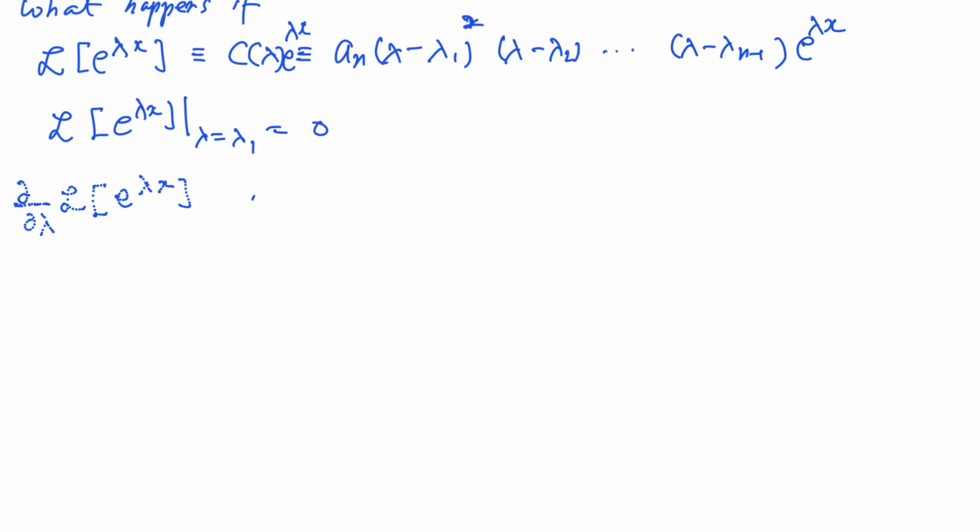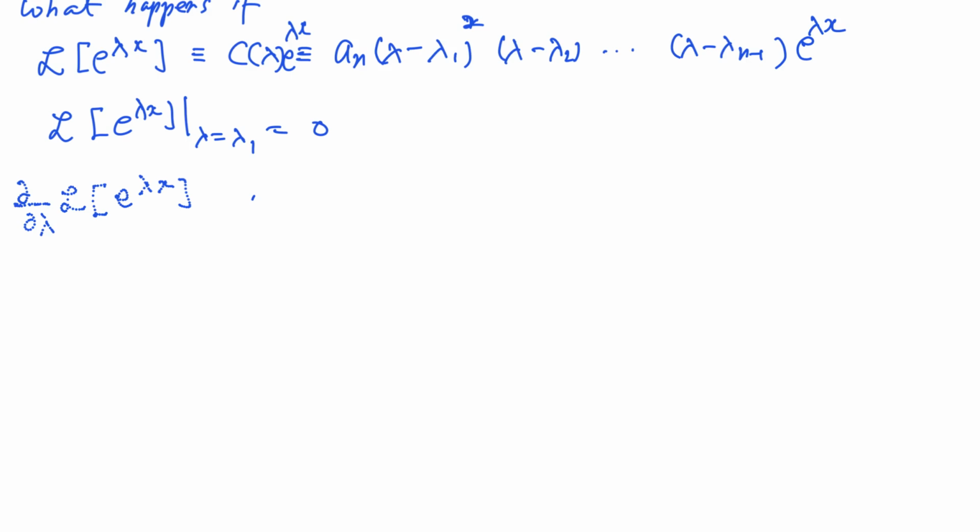So then, the characteristic polynomial times exponential lambda x is a_n (lambda minus lambda 1) squared (lambda minus lambda n) ... (lambda minus lambda 2).